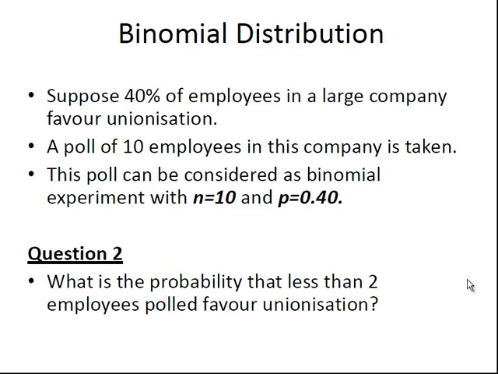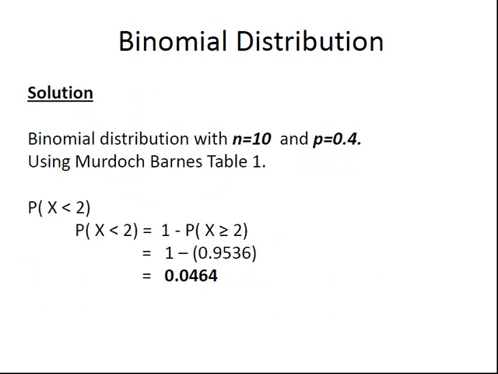The next question is, what is the probability that less than 2 employees favor unionization? This is where we would employ the complement rule. Now, x less than 2 is equivalent to saying 0 or 1, and that is the complement of x greater than or equal to 2.